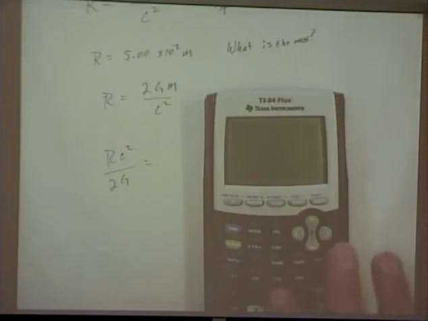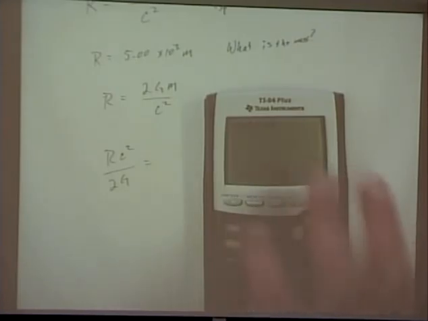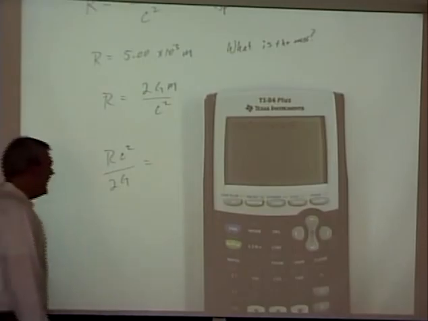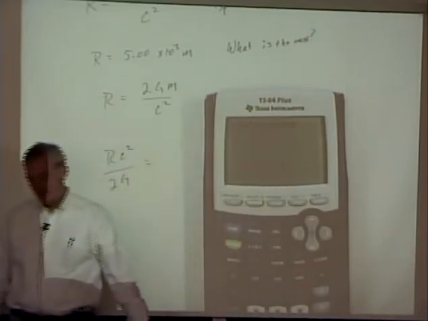So basically, I've got 5 EE 3 times, parentheses again, 9 EE 16. Where did I get that? It's 3 times 10 to the 8th squared. Remember, you've got to square both things, so it's 9 times 10 to the 16th. That's the speed of light squared, 9.00 times 10 to the 16th.